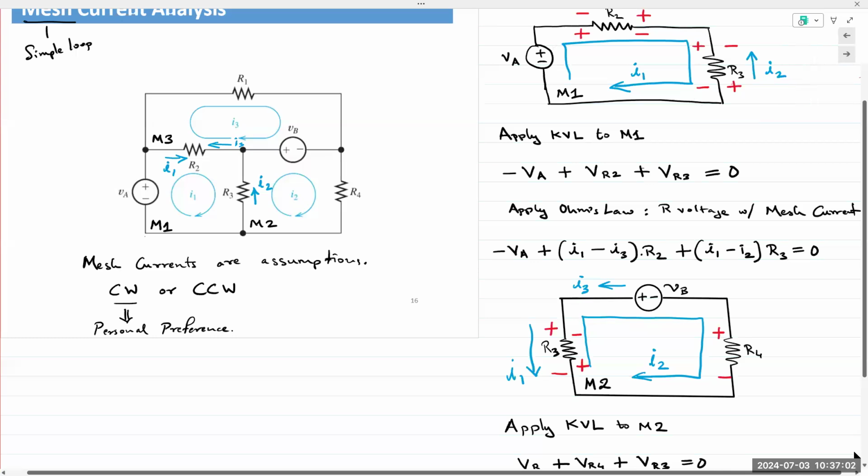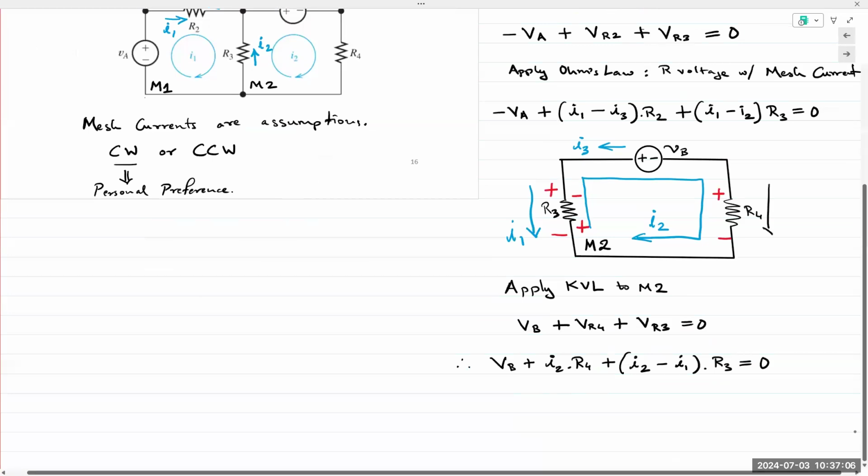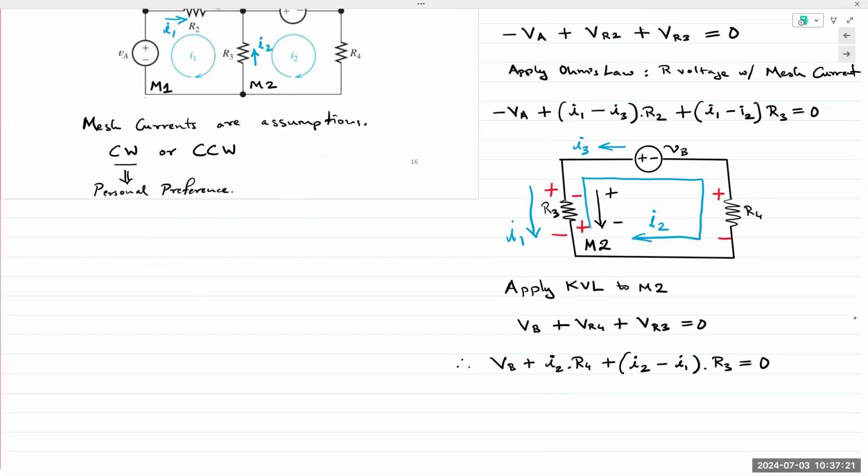However, if both of these are coming down, sorry, R3 here. If both of these are coming down, I would have a plus here and a minus here. Instead of I2 minus I1, both of them would have a negative sign. It would be minus I2 minus I1.